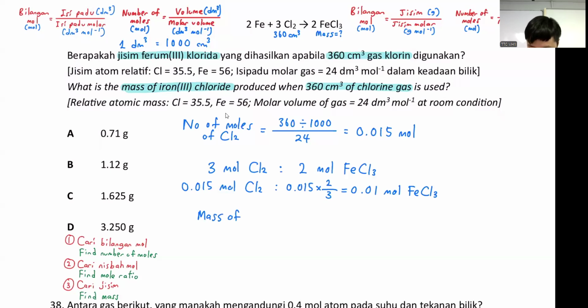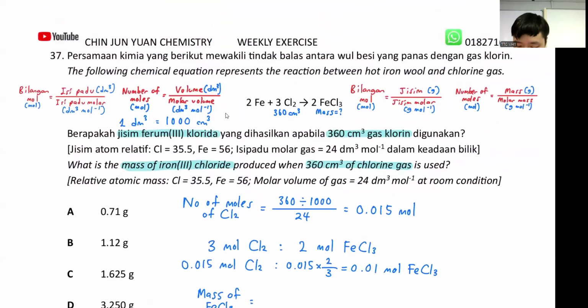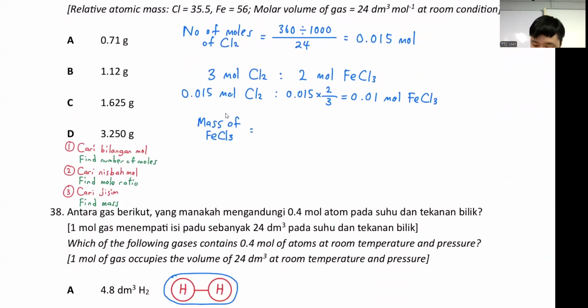And then find mass. Mass of FeCl3. How do we find mass? Number of mole multiply molar mass. Number of mole is just now 0.01.